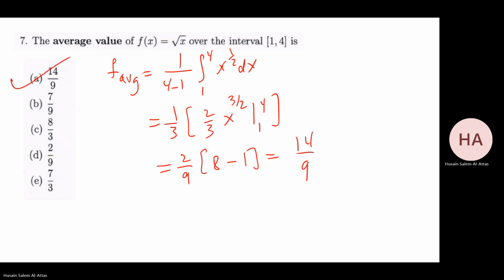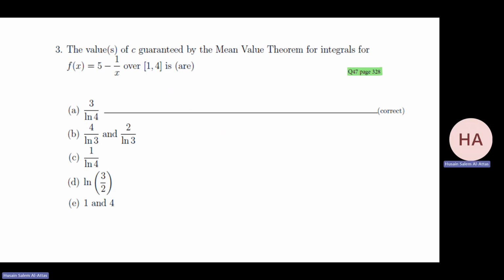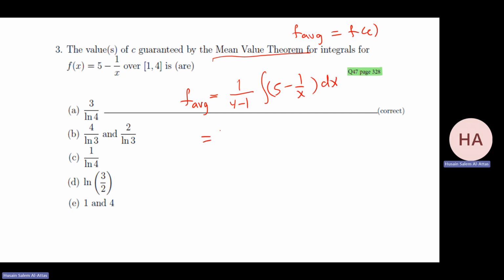What is this? Okay, the value of C guaranteed by the mean value theorem. It means F average equals F of C. So what is F average? F average is 1 over 4 minus 1, integral from 1 to 4 of 5 minus 1 over x dx. That gives me 1 over 3.